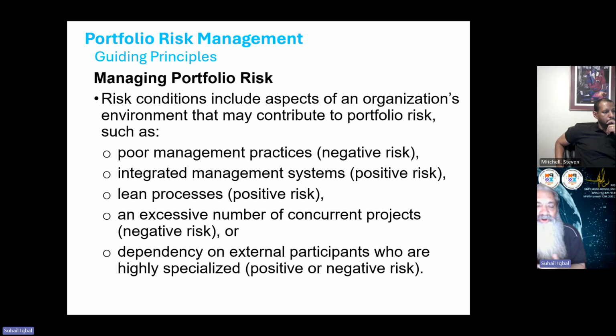So, initially, you will experience poor management practices in everything you do, and that is a negative association. These are negative risks. Now, when you have a well-integrated system established around your program, project, and even the strategy, everything is tightly connected with each other, and the channels are defined, that will reduce the complexity, and that is positive. That is when you achieve a level of maturity in your portfolio practices.